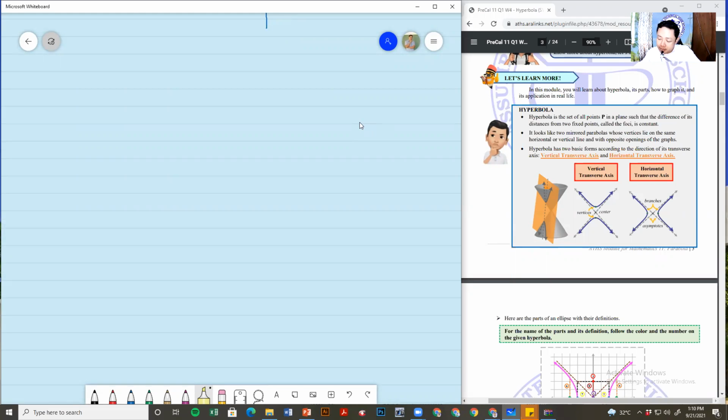Since sabi ko naman sa inyo, you have to access your resources ahead of time kasi hindi na ako magdudwell into too much details for the basics. Okay? Pero I still need to make a rundown of all these concepts para maging clear in a way yung magiging discussion natin because we will be using all these terms in our discussion.